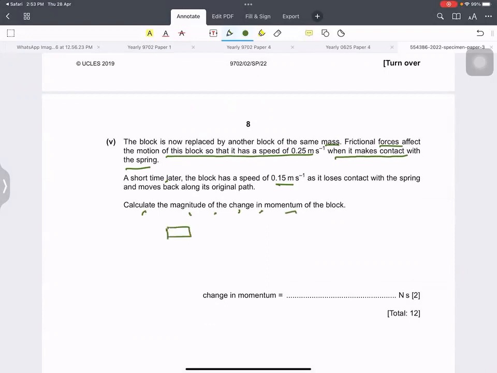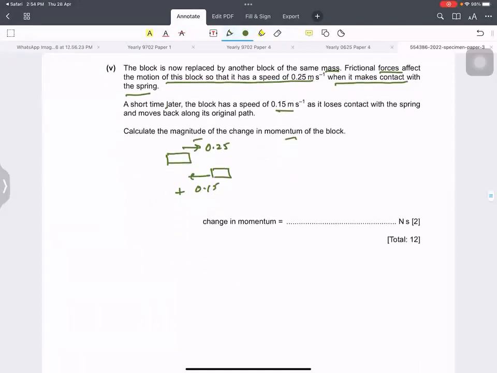So if it is going in this direction at 0.25 and then it is coming back in this direction at 0.15, let's take right side as negative and this as positive because it is a vector quantity, right? So the change in momentum will be mass 0.40 times 0.15 minus mass 0.40 times minus 0.25.